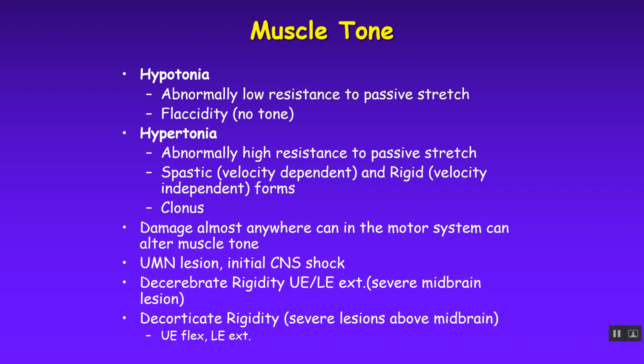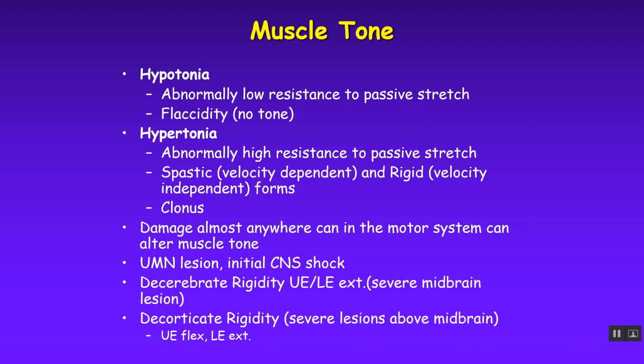If you damage the anterior horn cell or the peripheral nerve, that's a lower motor neuron problem. With an upper motor neuron lesion, you can have that initial CNS shock that causes flaccidity and low tone, but then eventually you start getting higher tone, several days to several weeks later. There are some interesting forms of tone that are classic presentations.